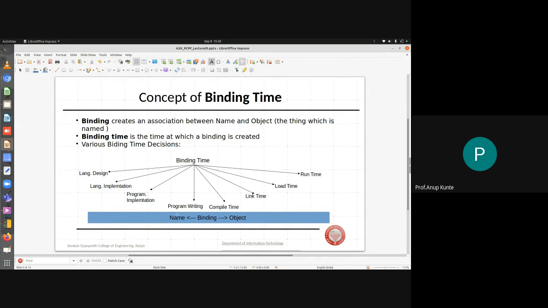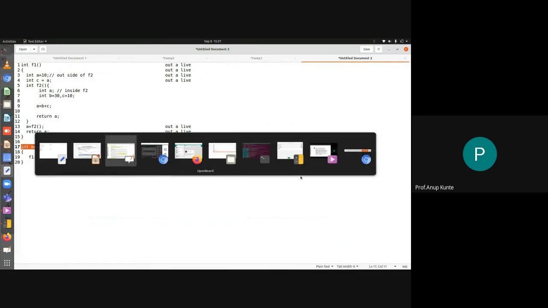Then there is the compile time. All these are places where I'm doing static binding, whereas from this place onwards, whatever happens will be dynamic binding, because at that time things will be changing dynamically. So let us go back to the notes.